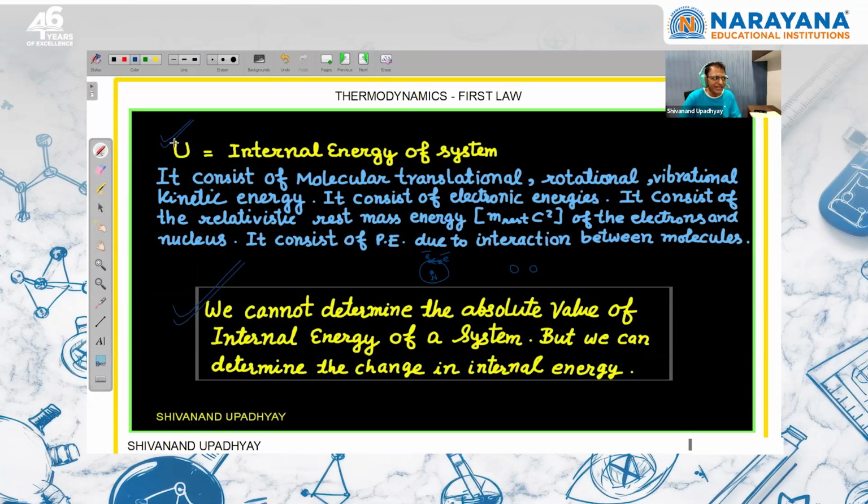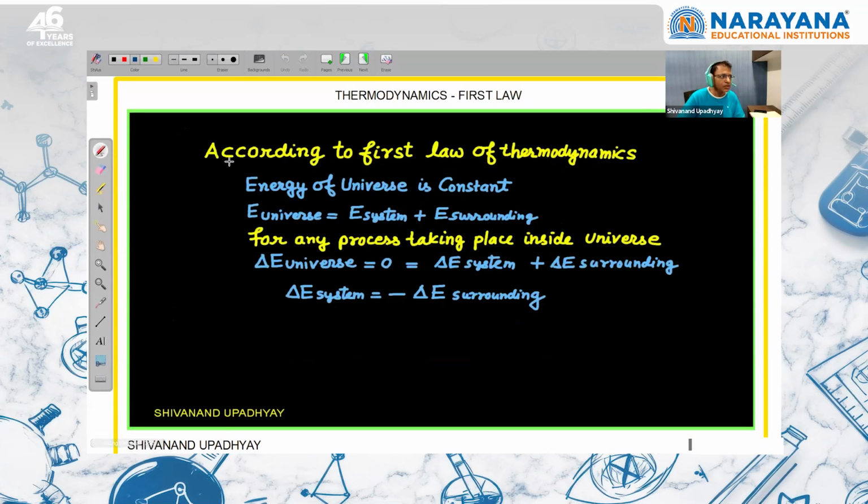We cannot calculate its absolute value, but we are calculating the change in internal energy, right? So according to the first law of thermodynamics, energy of universe is constant. Energy of universe is energy of system plus energy of surrounding. And we are saying that in the first law, energy of universe is constant, means change in energy of universe will be zero for any process.